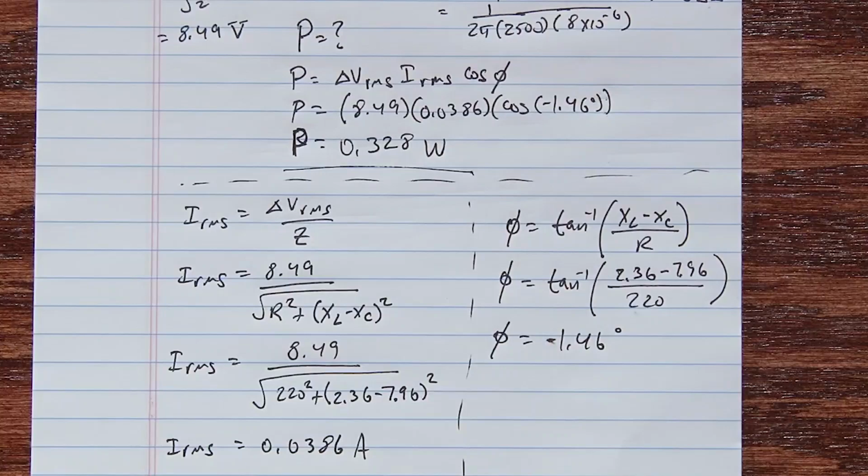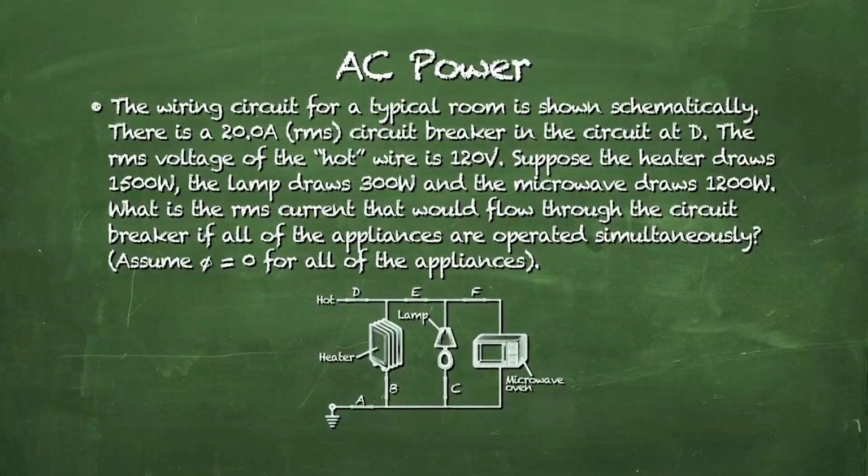Let's work another example. The wiring circuit for a typical room is shown schematically in the diagram. There is a 20 amp RMS circuit breaker in the circuit at D. The RMS voltage of the hot wire is 120 volts. Suppose the heater draws 1500 watts, the lamp draws 300 watts, and the microwave draws 1200 watts.